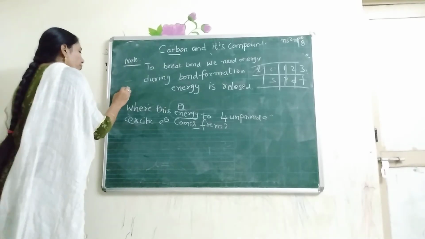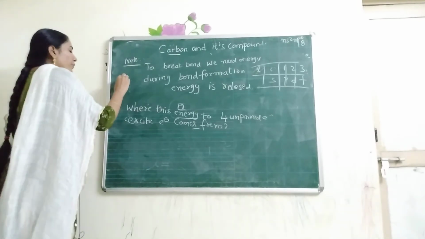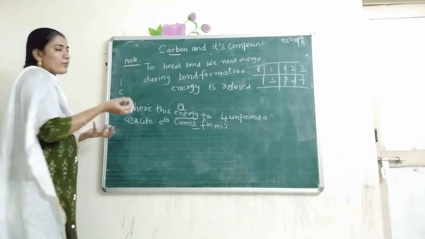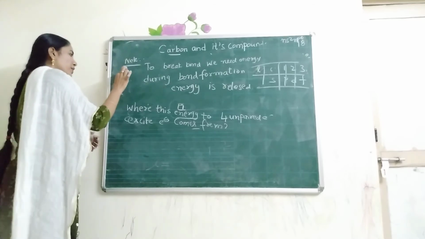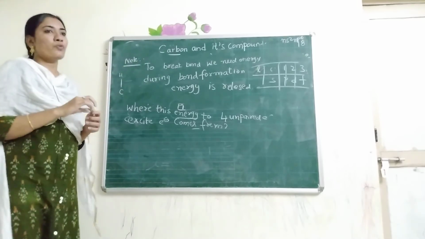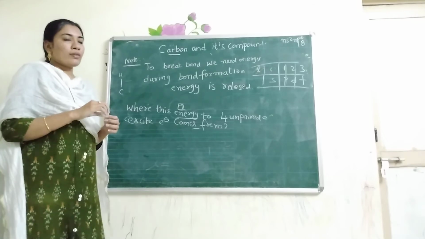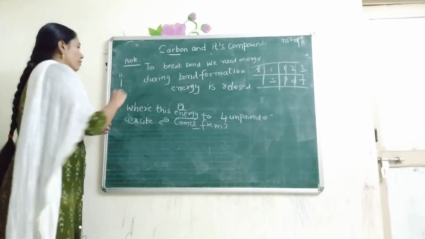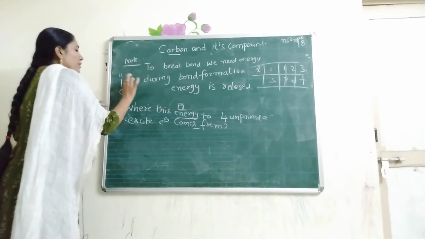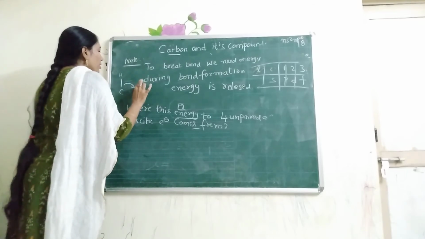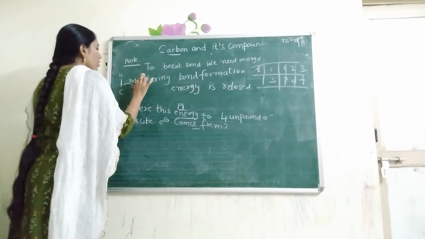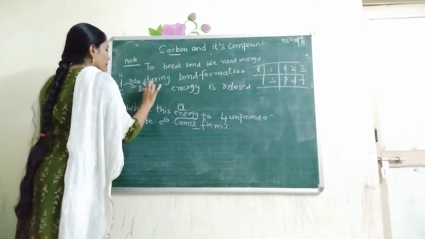Whenever the carbon is ready to form bonds with certain other atoms, for example, I am considering here the hydrogen, then what happens? There is a release of bond energy, isn't it?